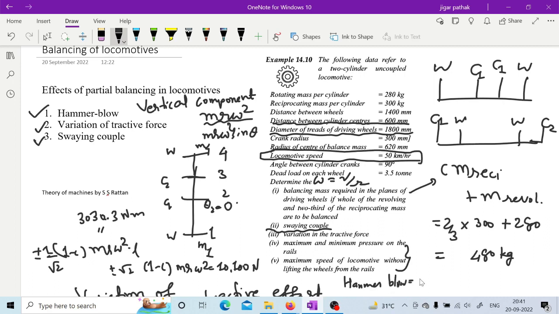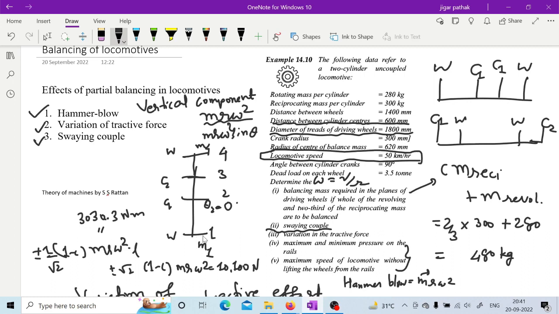In hammer blow you have m r omega square, but this m is only the balancing mass required for the reciprocating part. So if you have calculated this m1, or m4, both are coming as 178.7.